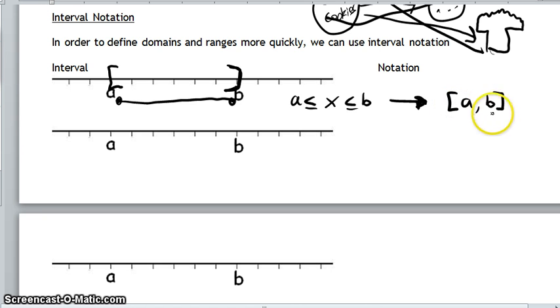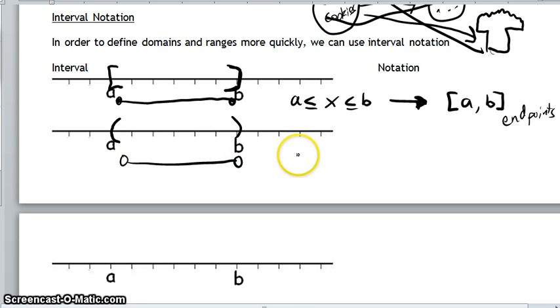You create the two endpoints to define what you can include with your domain or range or whatever. Now, let's suppose you don't want to include those 2 points. So we have everything from A to B, but we don't include them. We just use open parentheses.